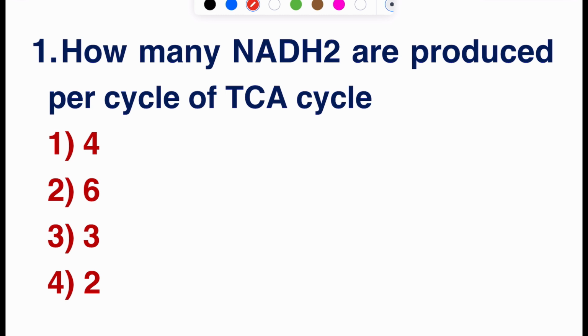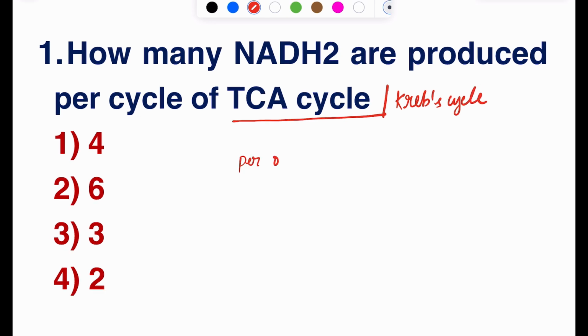How many NADH2 are produced per cycle of TCA cycle? Do you know another name of TCA cycle? It is also known as Krebs cycle. For one TCA cycle will be produced 3 NADH2 and 1 FADH2 and 1 GTP.